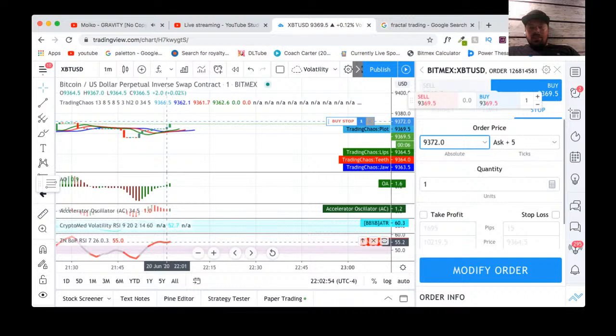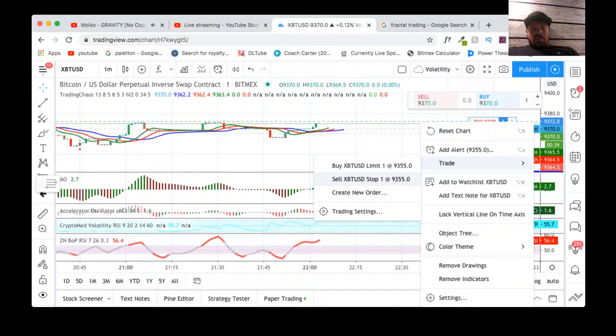So I place a stop loss here, just in case it triggers the buy. I'll place a fractal down here, a sell down here. You can't see the fractals marked here, but this is a fractal here.